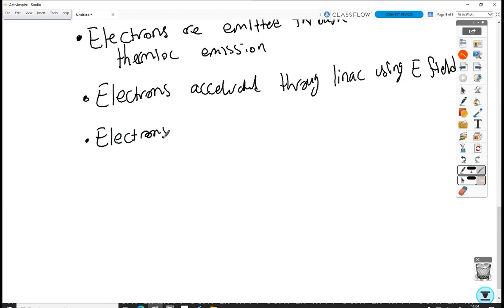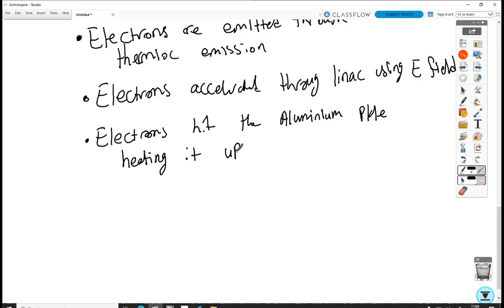So electrons hit the aluminium plate or disc, and by hitting it, it heats up the plate. I'll put in brackets here that EK of electrons goes to E heat.